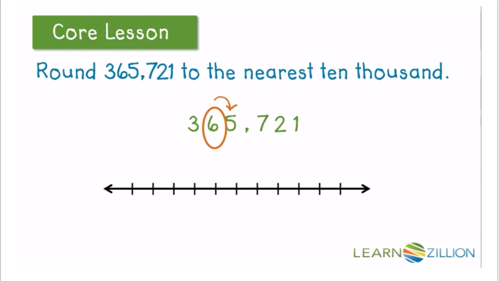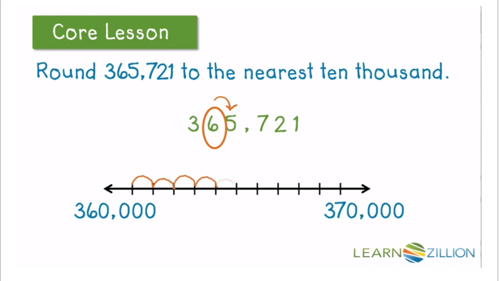If we were to place this number on a number line, our benchmark numbers would be 360,000 and 370,000 because we want to round to the nearest 10,000. The number next door lets us know that we're going to count by thousands because the 5 is in the thousands. So we have 1, 2, 3, 4, 5,000. 365,721 would go right about here.